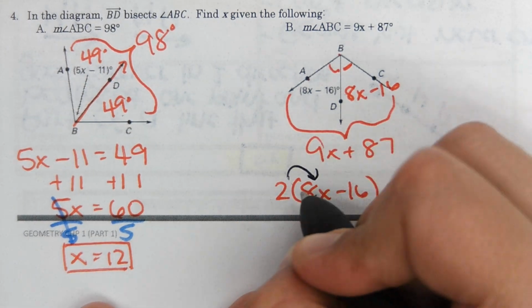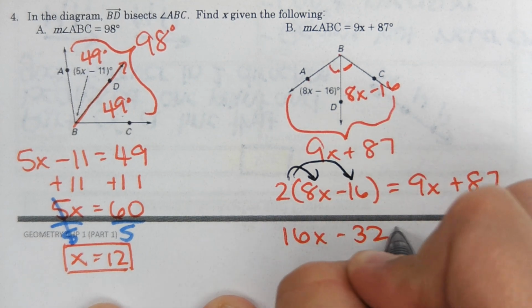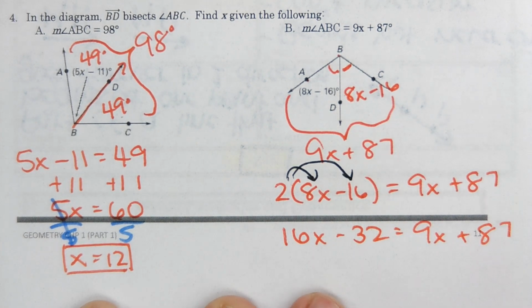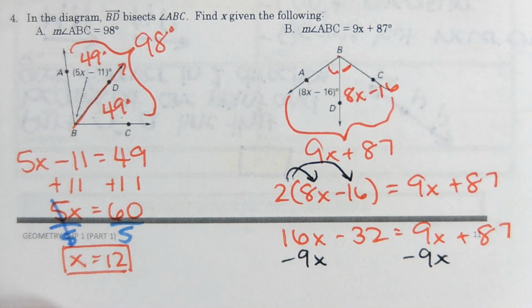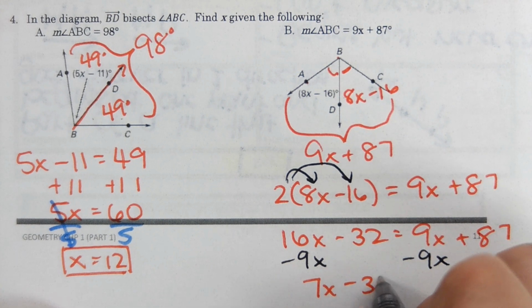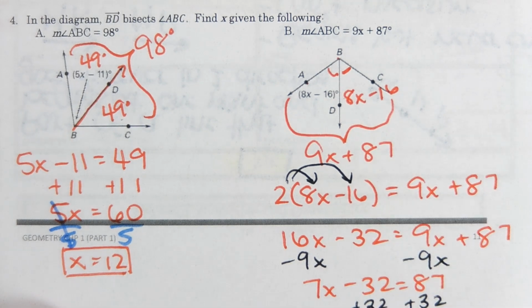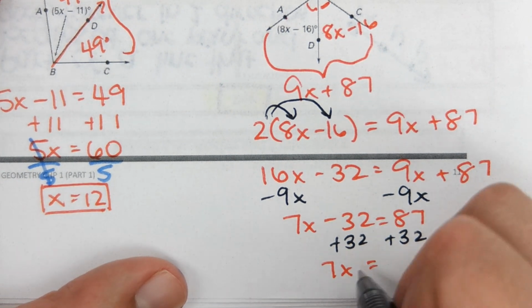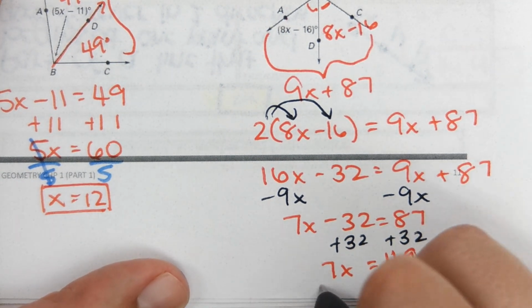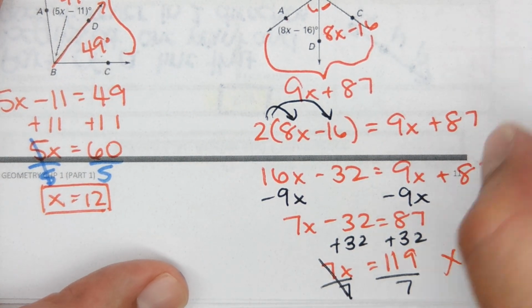Then we distribute. 16x minus 32 equals 9x plus 87, which gives 7x equals 119. And x equals 17.